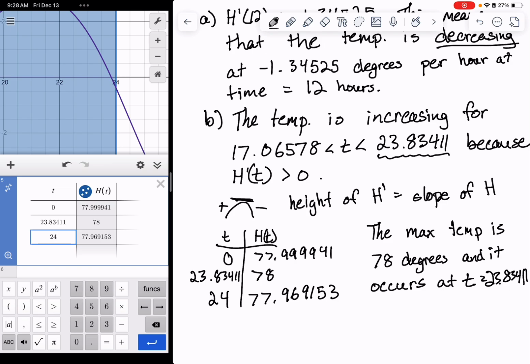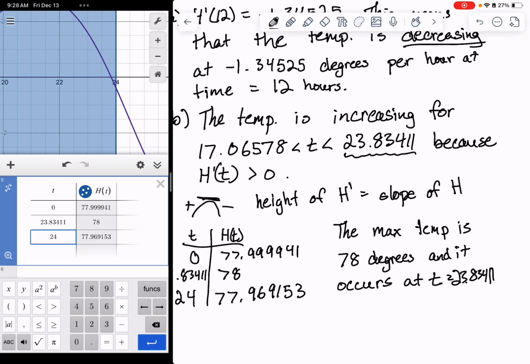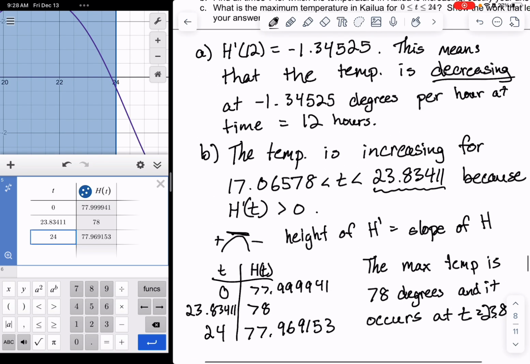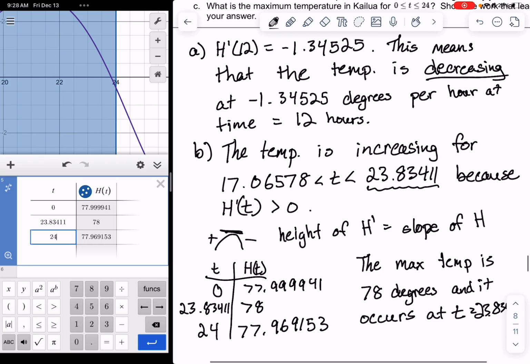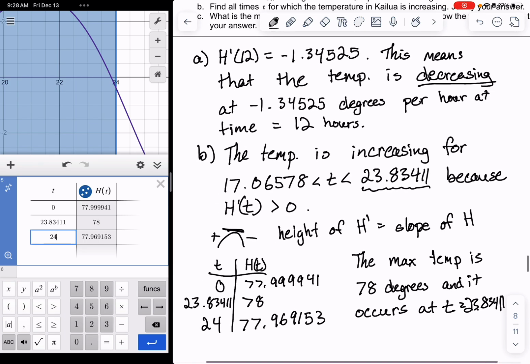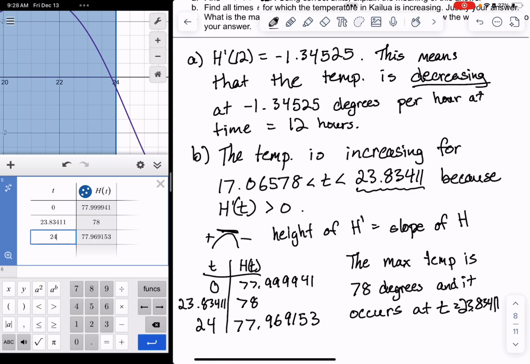Put my decimal point in there. So I got squeezed a little bit on my space, but I was trying to see if I can fit all this onto one screen so you all could see it there too. All right, so this is my part C. Trying to figure out when the max temperature is.